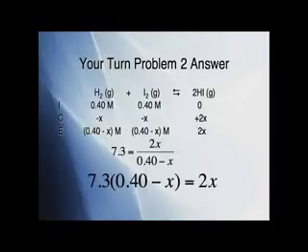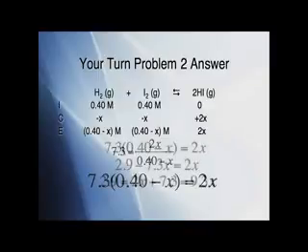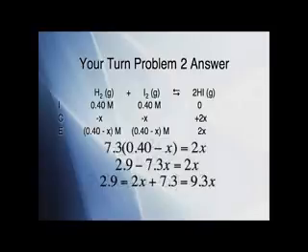So using algebra, I multiply 0.40 minus x by both sides of the equation, which cancels it from the right side and leaves me with 7.3 times that quantity, 0.40 minus x, is equal to 2x. I multiply through the quantity, so I get 2.9 minus 7.3x is equal to 2x.